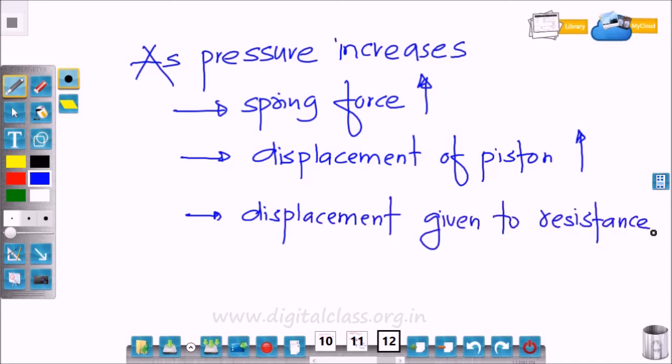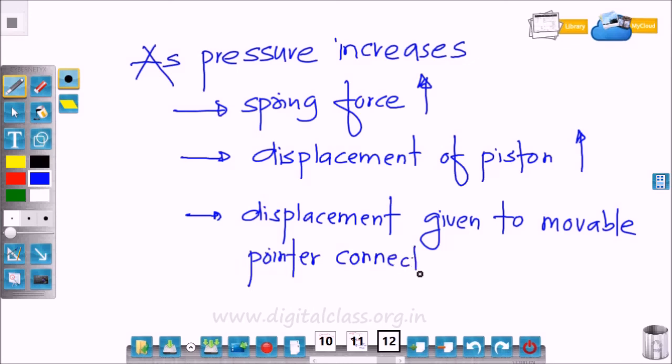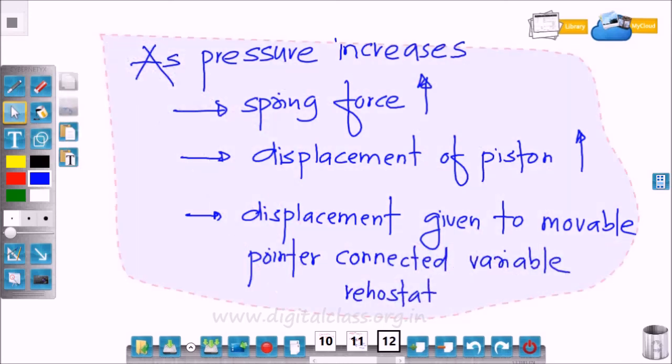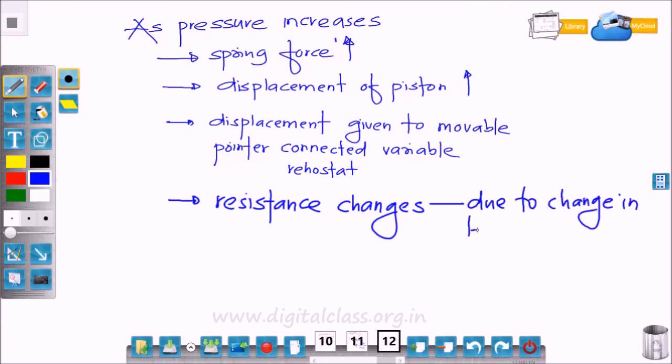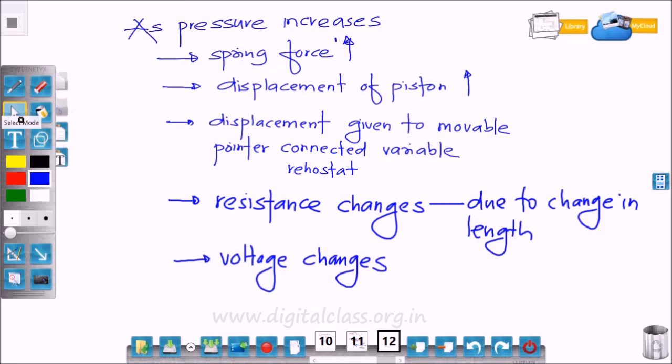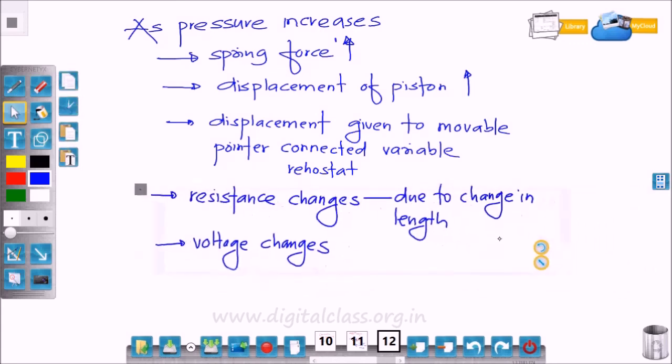If we transfer this displacement to a movable pointer that is connected to the rheostat, what will happen? As it moves, the resistance changes, and due to this change in resistance, voltage also changes. So we can say that the voltage changes due to a change in pressure.